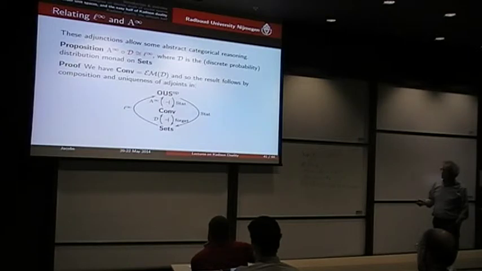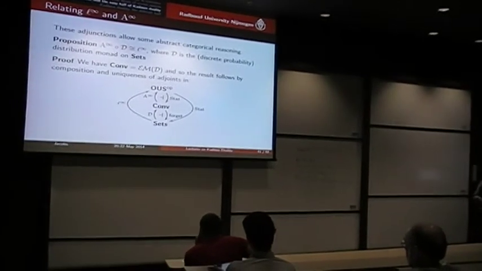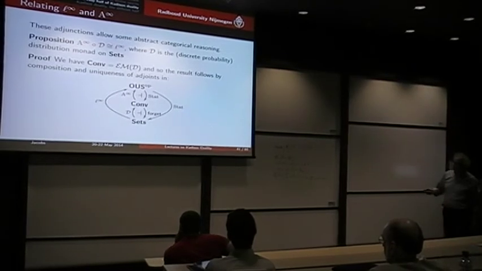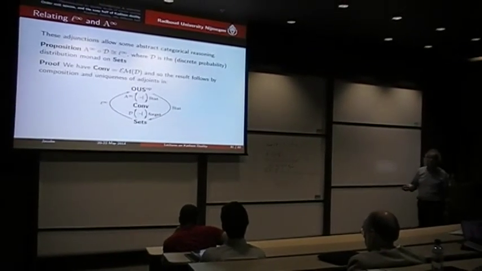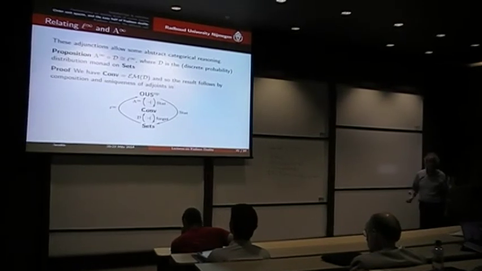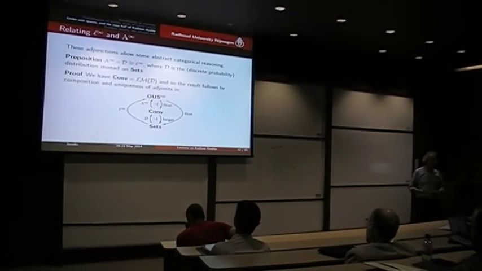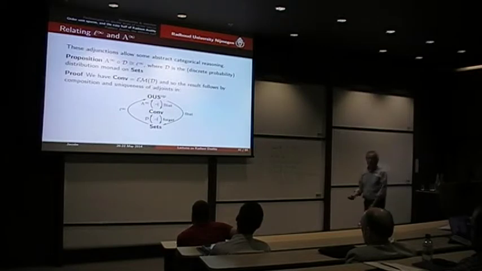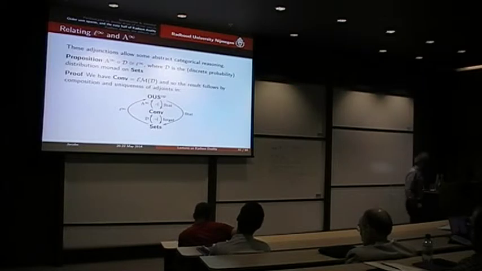We've seen this adjunction and we've seen the other adjunction between sets and convex sets. Now two adjunctions compose, like this one. So in the end I have two adjunctions between sets and order unit spaces opposite. So they must be isomorphic because they have the same right adjoint functor. So the left adjoints, these two, must be isomorphic. It's not a spectacular result, but it's a reasonably nice way of reasoning about these structures. I'll show you some other examples in a minute.